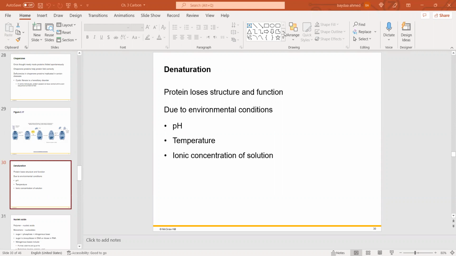It is vital that a cell's enzymes work properly. A protein can be denatured when the pH, temperature, or ionic concentration of the surrounding solution changes. Note that these environmental changes affect the interactions of protein surfaces, leading to the loss of structure.